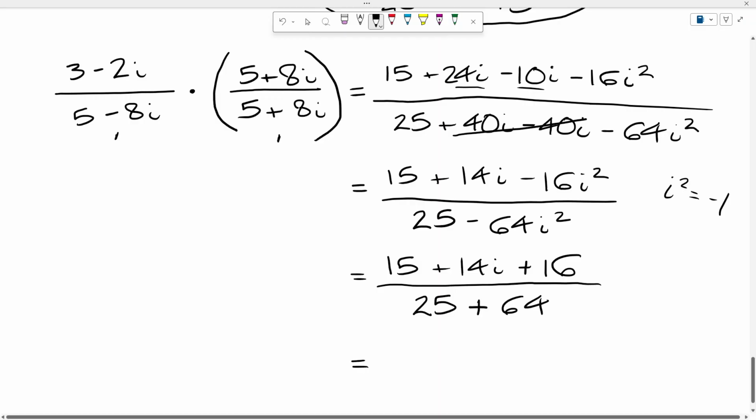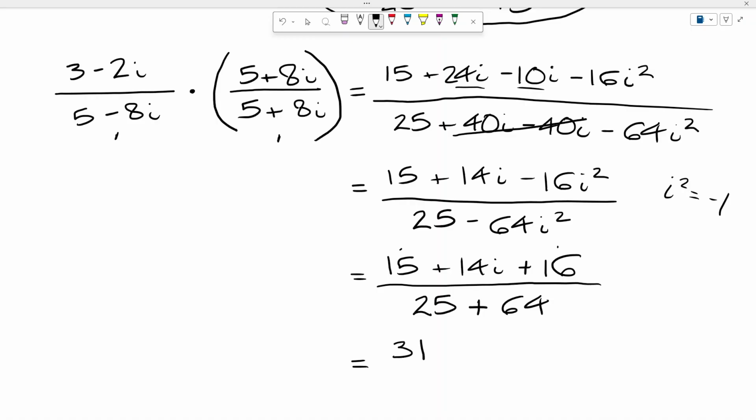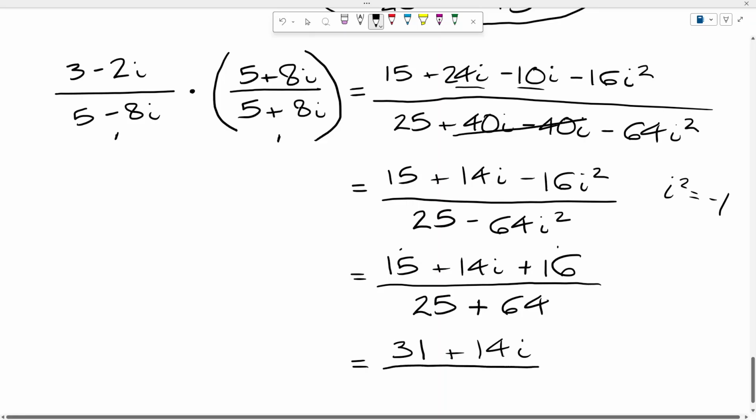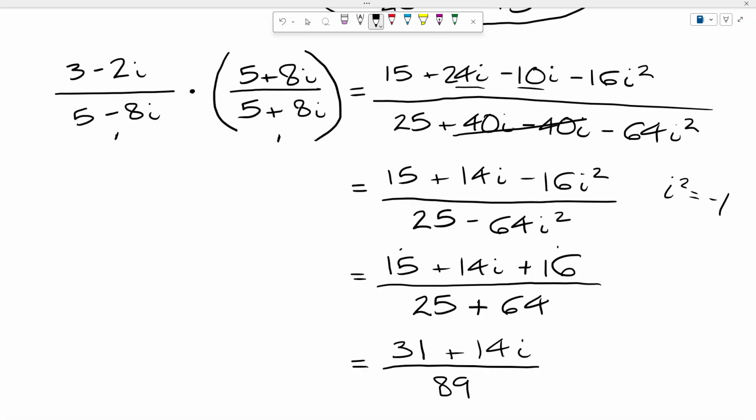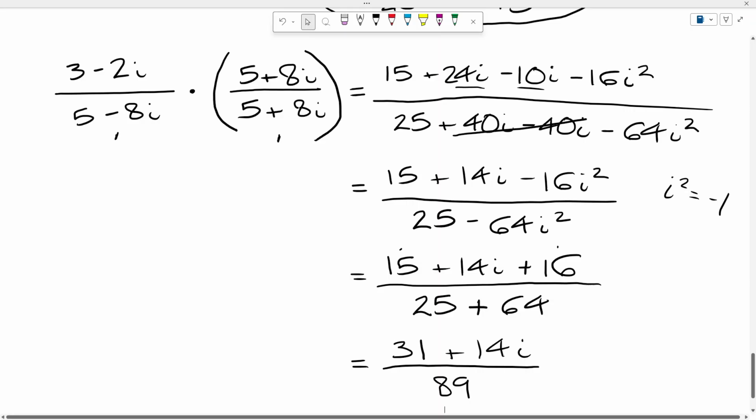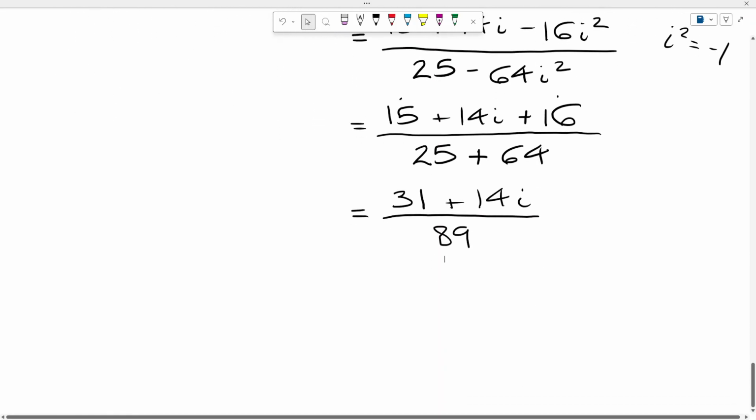So if we simplify that down, let's combine the 15 and the 16. We have 31 plus 14i over 25 plus 64, which will get us 89. So 31 plus 14i over 89.